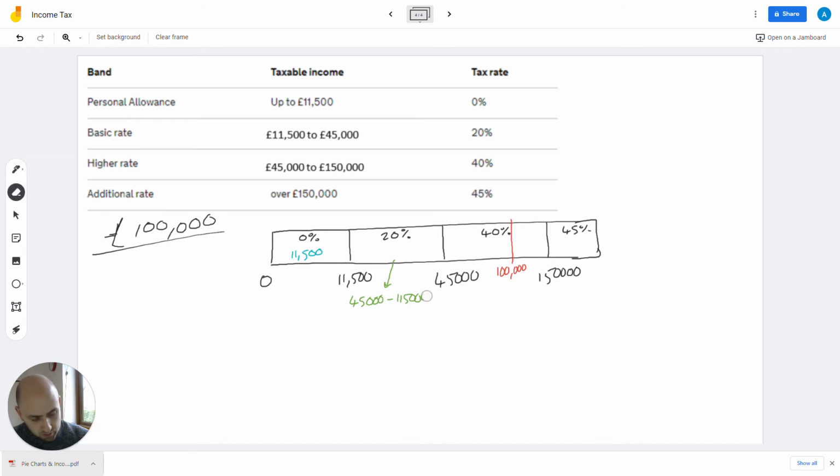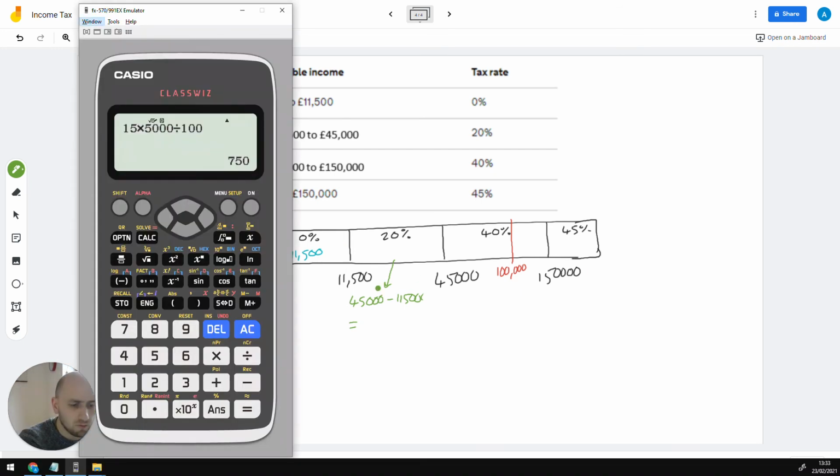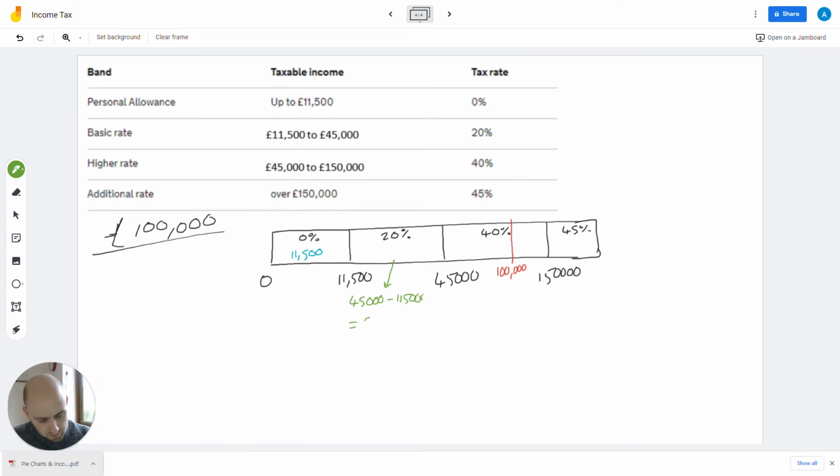Too many zeros. Let's work that out. I think it's 33.5, but we better double check. Yep, 33.5. So 33,500 is going to be taxed at 20%.